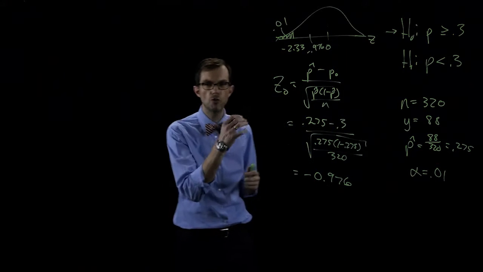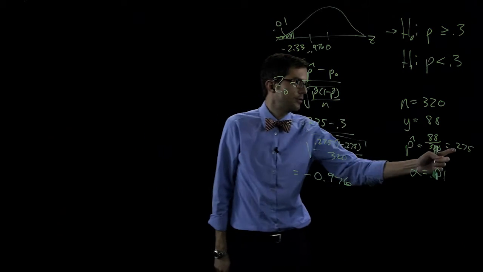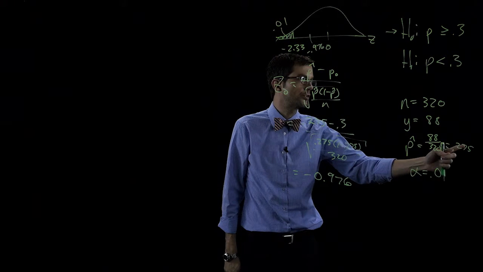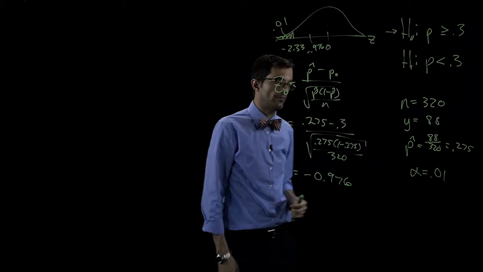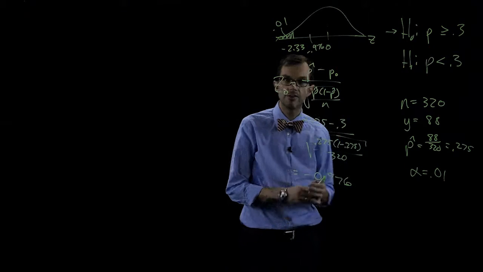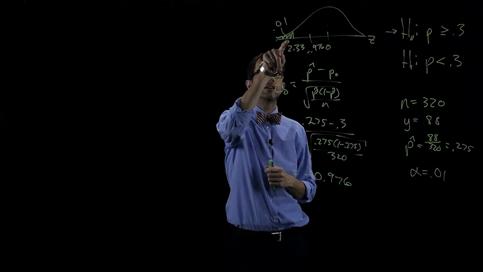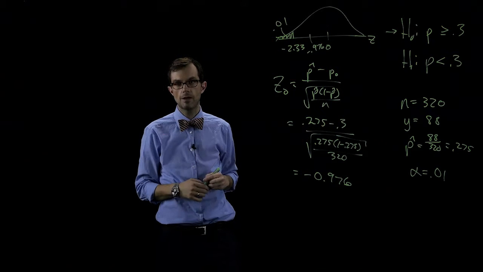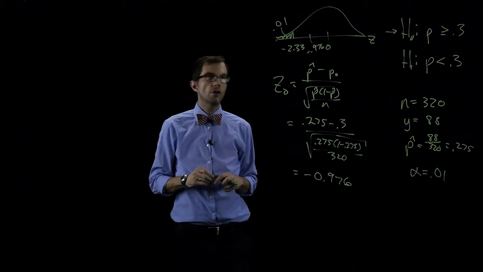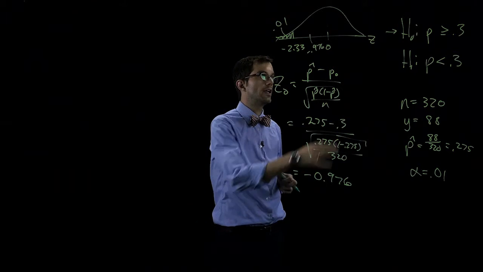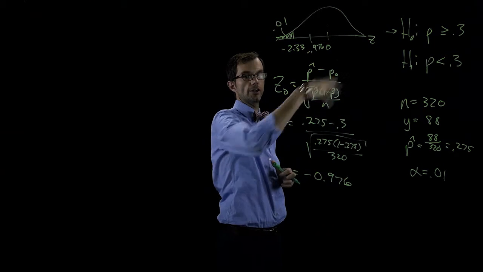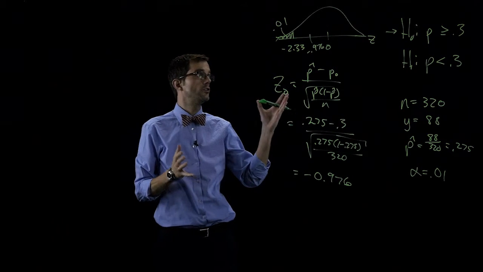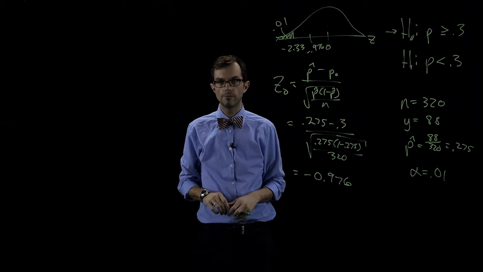We want to be super convinced that this sample proportion is smaller than 0.3. That's why we have such a very small value in this lower tail. We want to be super convinced of this result. So that's the critical value approach. We fail to reject the null and conclude that the proportion is no smaller than 0.3.